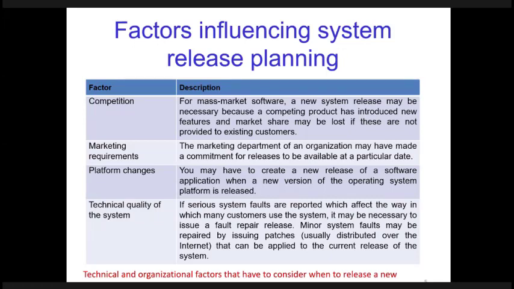This is not a problem for custom software, because custom software is produced for a specific customer or group of customers. So here, those customers have to depend on you. So there's no competition.